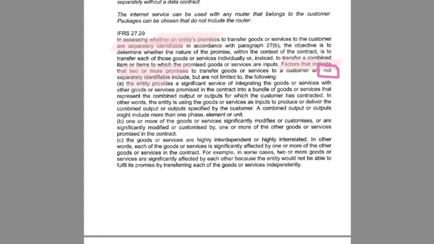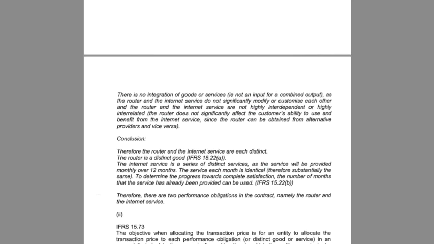The entity provides a significant service of integrating the goods or services. One or more of the goods or service significantly modifies or customizes the other. The goods or services are highly interdependent and highly interrelated. Then they are not separately identifiable.